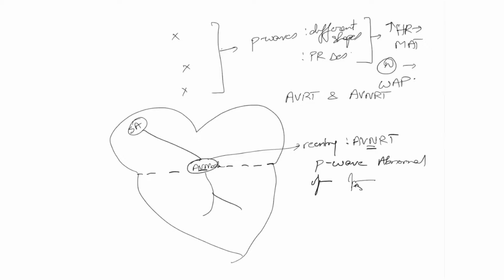Now, in some people, in addition to the pathway that connects the SA node to the ventricles through the AV node, so this one, there is another pathway that directly connects the atria to the ventricles. One condition would be WPW syndrome.